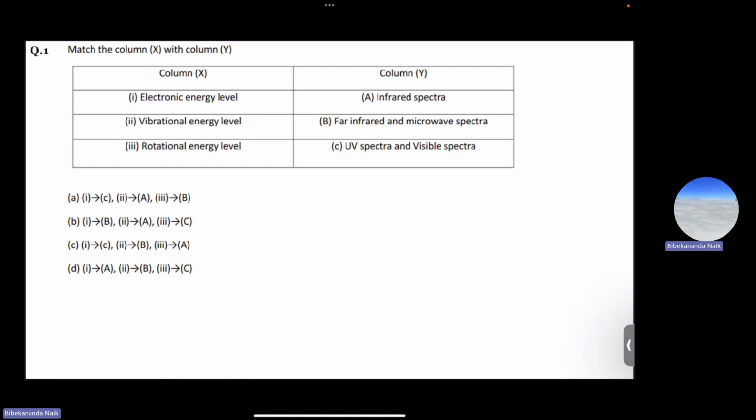So basically we need to match which type of level the transition occurs between, and which portion of the electromagnetic spectrum that corresponds to. I'll give you a few minutes to think about this question and find the correct answer, what will be the matching of column X and column Y, and then we will discuss.